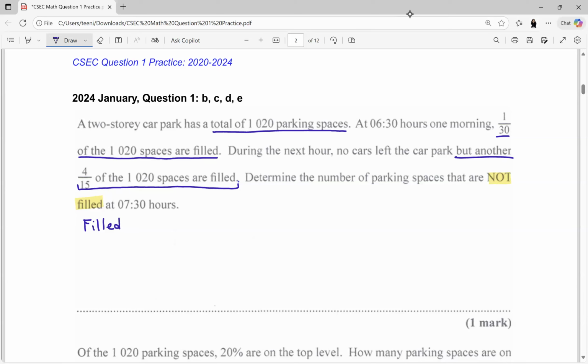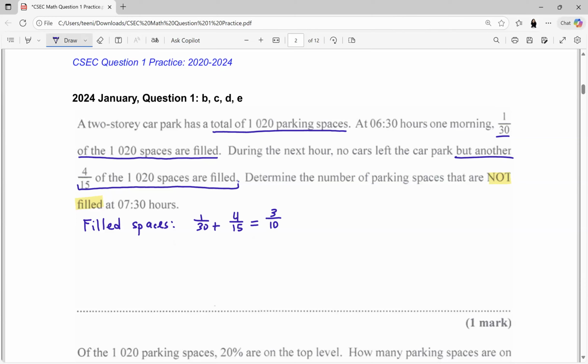So the filled spaces would be 1/30th plus 4/15th, and that would give us, let's see, 1 over 30 plus 4 over 15. That's 3/10, right?